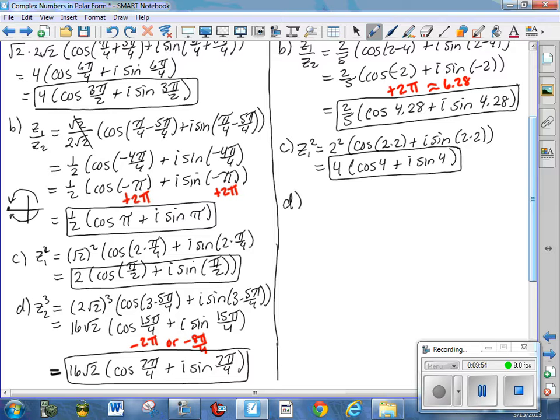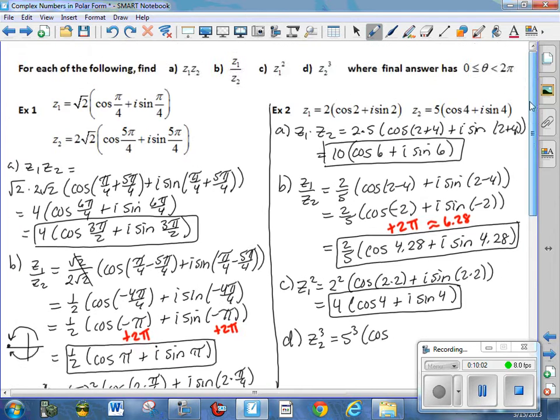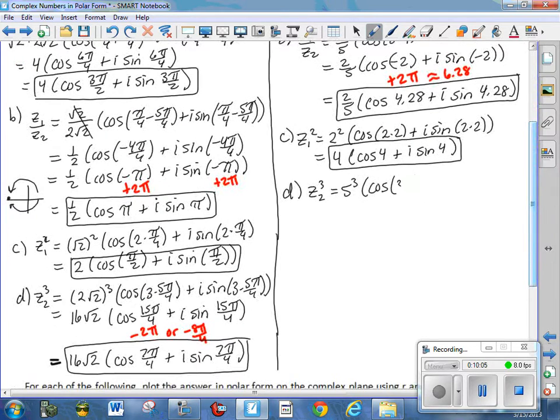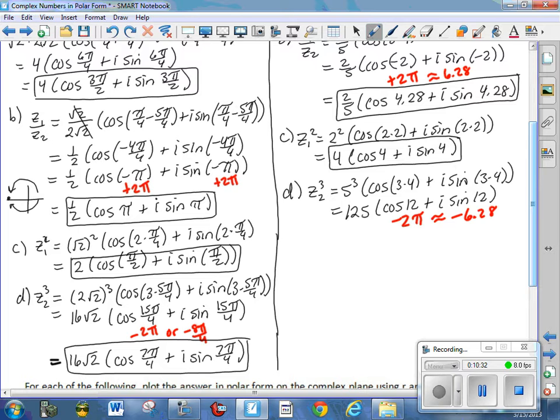And part D, last one, z2 cubed is 5 cubed times cosine, I gotta see what the angle is, the cosine of 4, cosine of 3 times 4 plus I sine of 3 times 4, which is 125 times the quantity cosine 12 plus I sine of 12. 12 is bigger than 2 pi because 2 pi is 6.28, so I have to subtract 2 pi, which is approximately or minus 6.28 from both of these from 12.